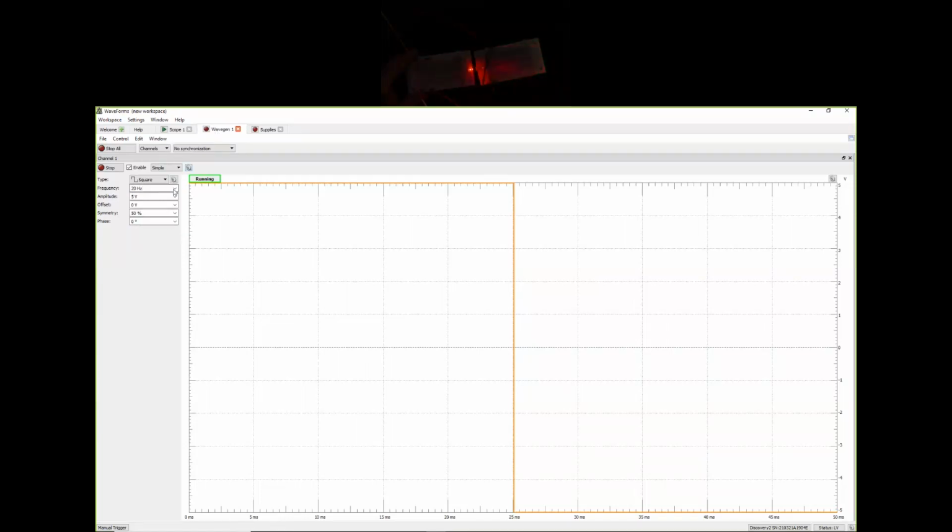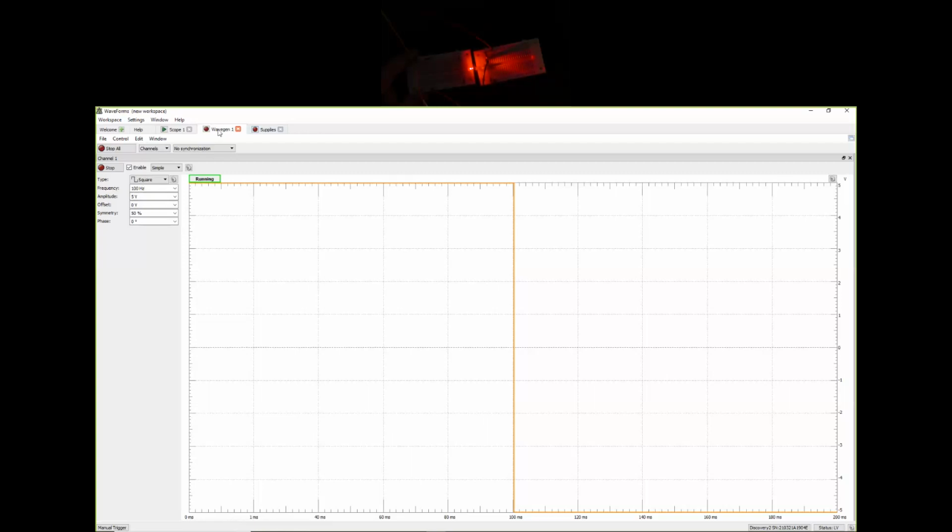And if I go even further down, for example 5 hertz, then I can see it blinking very clearly. So I'm going to go back up to 100 hertz so that to the human eye it appears like it is on all the time. However, in reality it is blinking very fast at the rate 100 hertz.